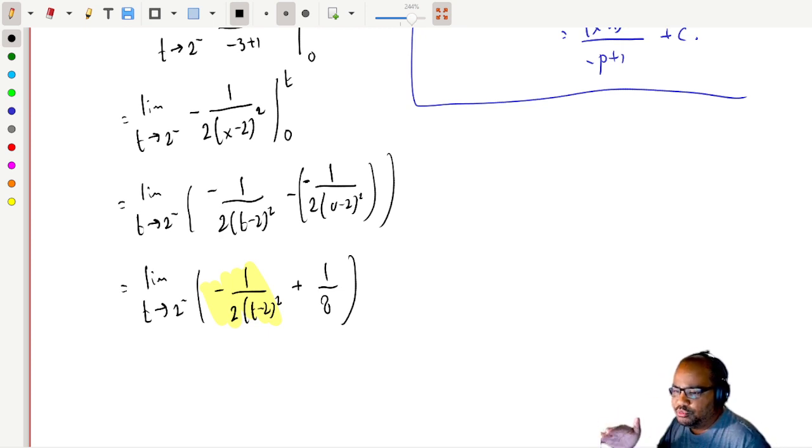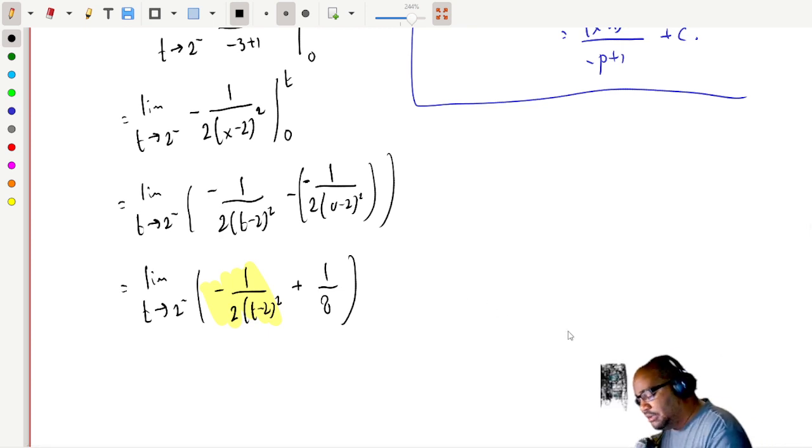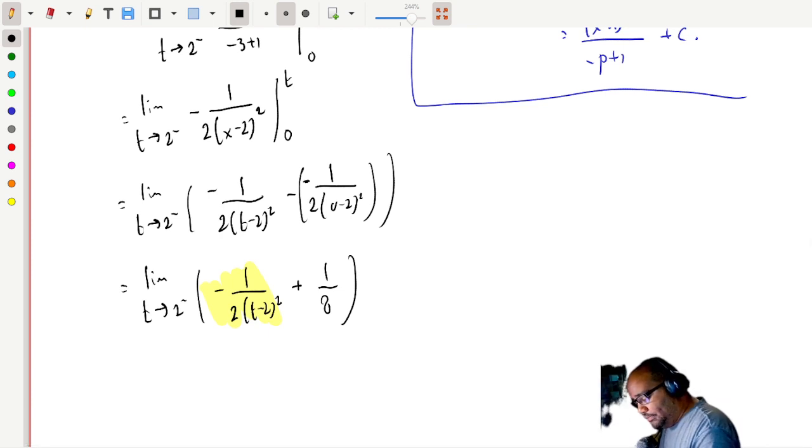So what happens here? Well, as t approaches 2 from the left, the denominator gets closer to, say, a positive infinity, because I'm going to square something that's a positive. And actually, I misspoke here. Let's go ahead and write things down so I don't mess this up. So we need to look at that thing here.